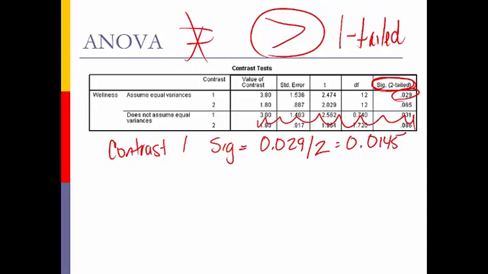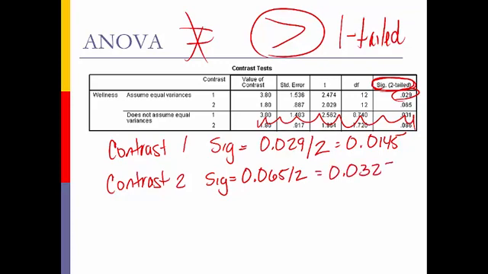Doesn't change the outcome for contrast 1, but contrast 2 was also a one-tailed test. So its significance is 0.065 divided by 2, which, guess what, changes the outcome, 0.0325.